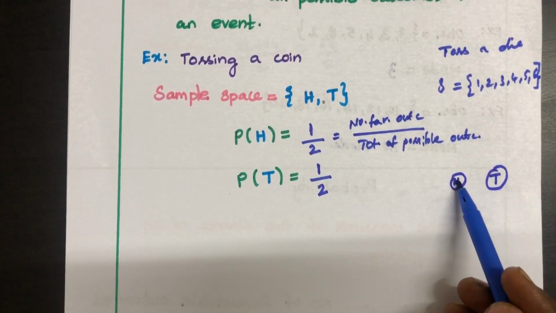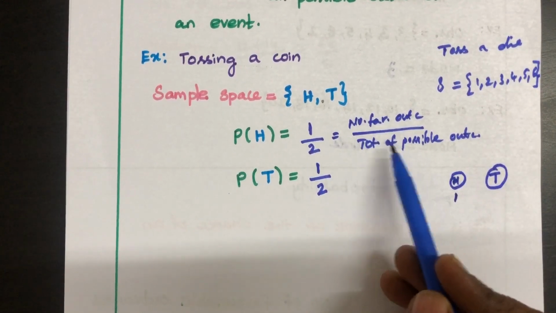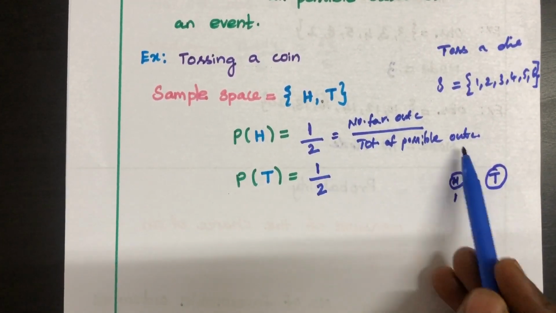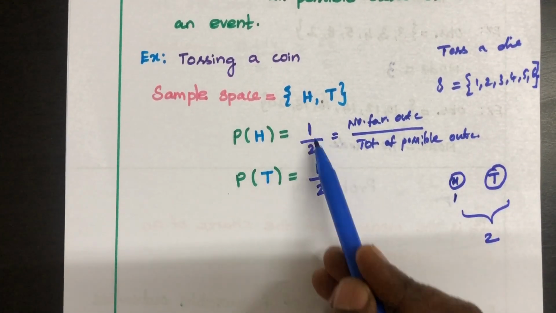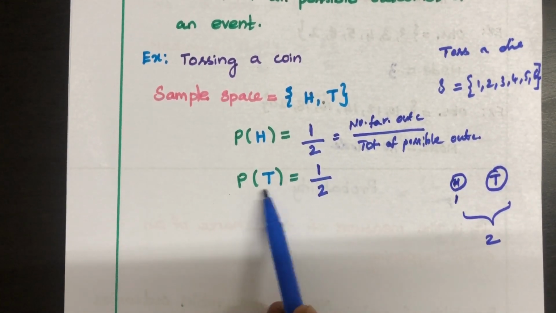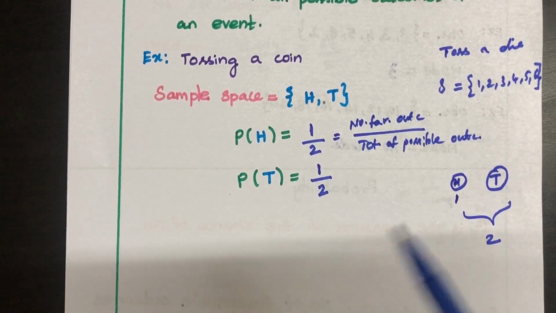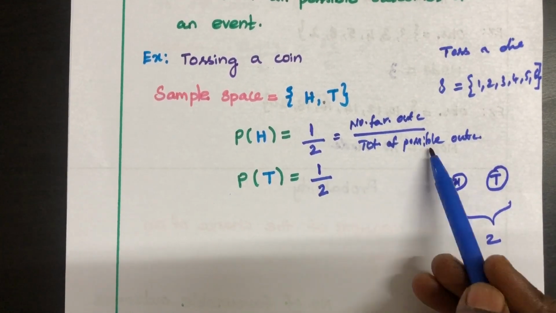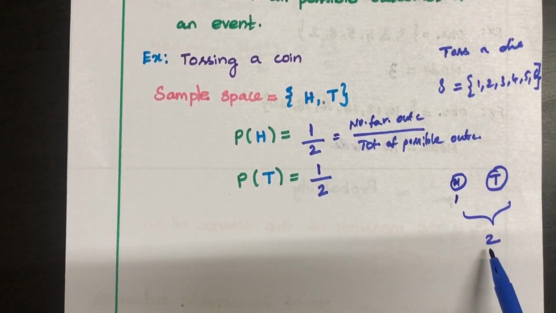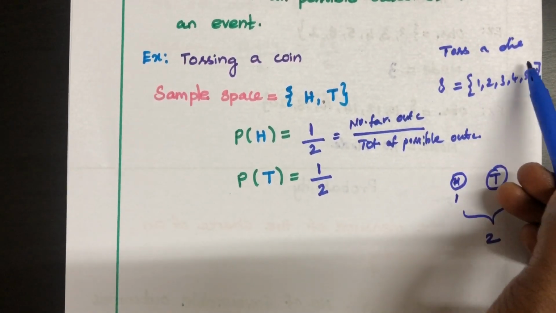So the favorable outcome is only one. So 1 divided by 2, because the possible outcomes are these two. Similarly, for getting tails, the favorable outcome is only one, so 1 divided by the total possible outcomes, 2. 1 by 2.